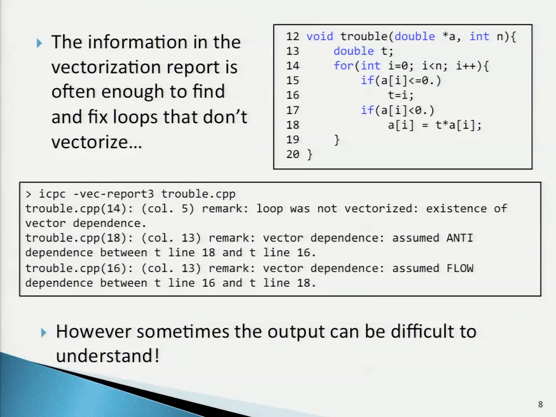So here we've got an example of a slightly more complicated loop. It's embedded in a function here that we have an array of doubles of length n. And we loop over the array, and if the entry in the array is less than or equal to 0, we set this value t to be equal to i, and then if the value in A is less than 0, we do something using the value of t.